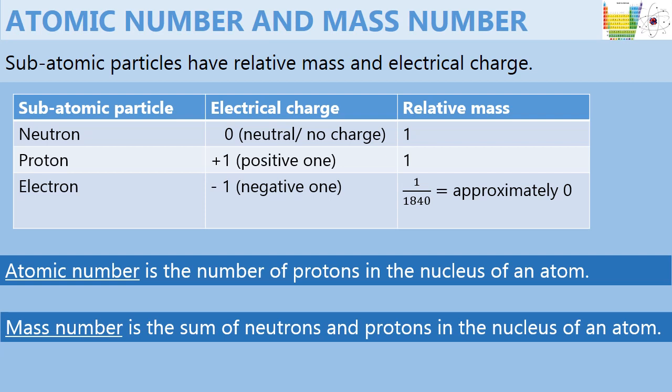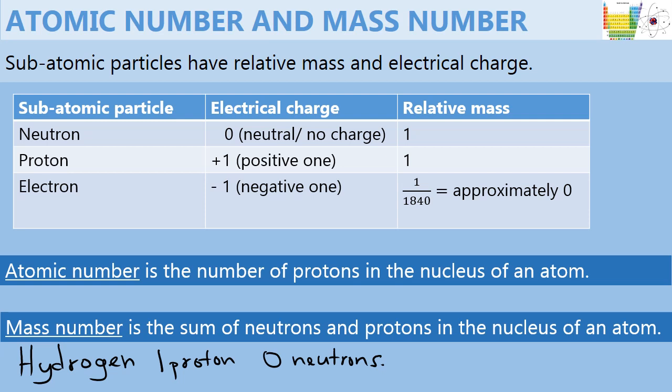The mass number is the sum of the neutrons and protons in the nucleus of an atom. For example, hydrogen has 1 proton and 0 neutrons.